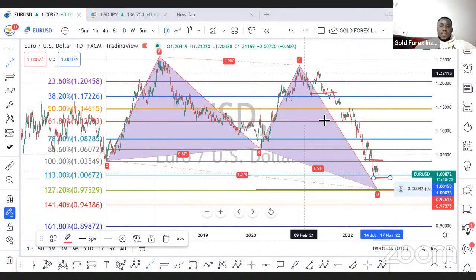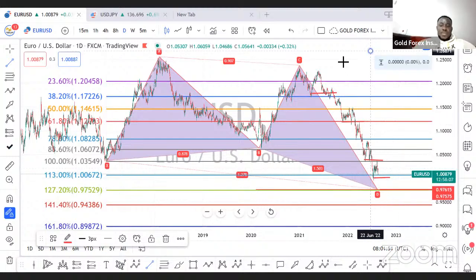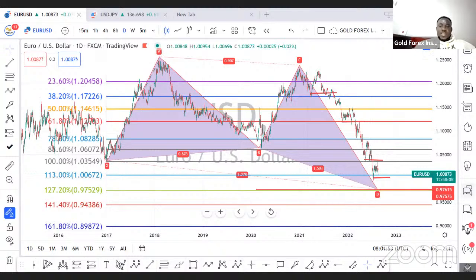Now 1, 2, maybe here will be 3, 4, and go down to maybe 161. But look for a sell opportunity to hit the 1.272 fib level, which will be at 0.97618.